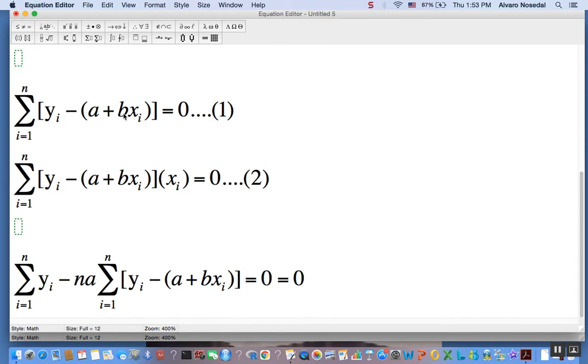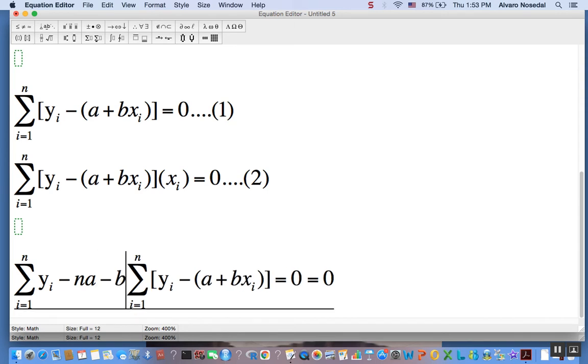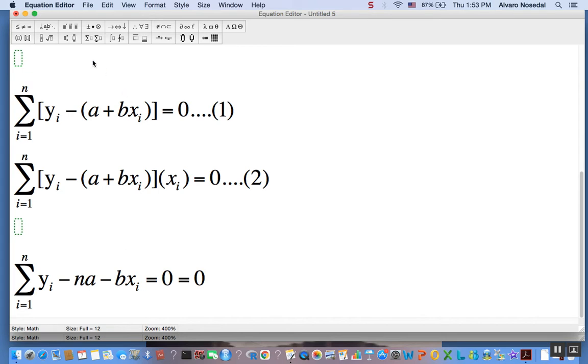Then we're going to have minus b times xi, so we're going to have minus b times the summation of xi's, summation i equals 1 to n of xi. Agreed? Okay? That's an equivalent equation to 1. Okay?